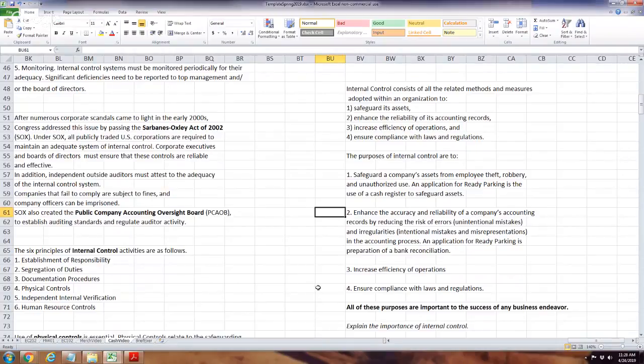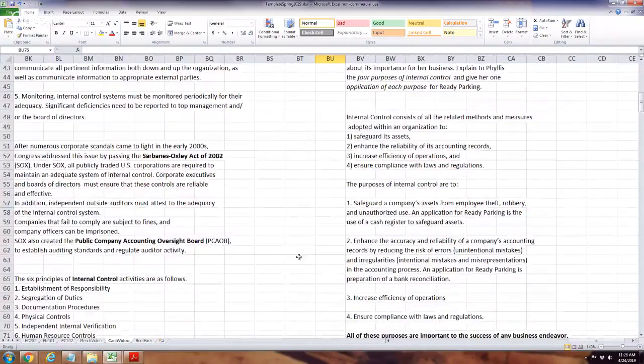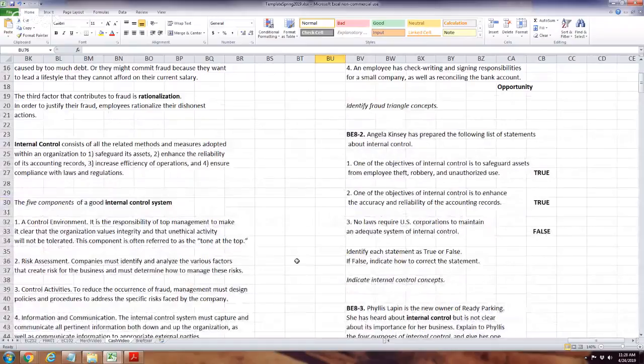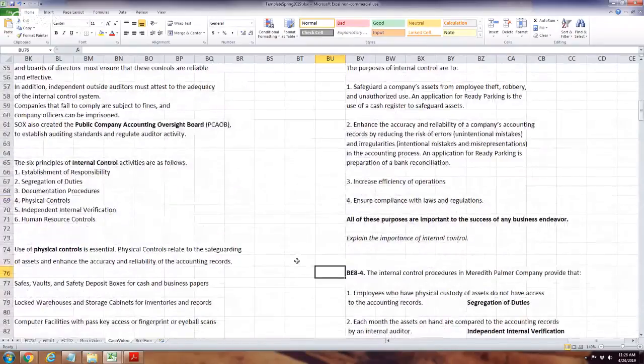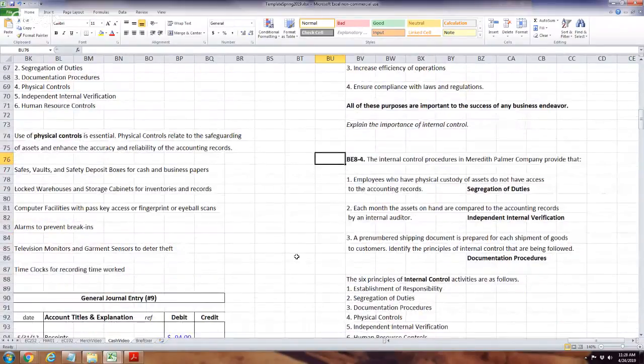Explain the importance of internal control. Number 4 goes through the principles, not the components. Yeah, segregation of duties and all that other stuff. So it goes through the principles. Okay, so there's just a couple here.